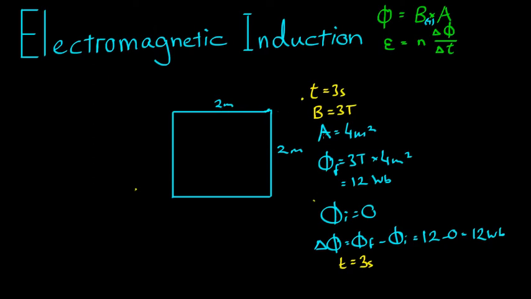And to calculate the voltage going around this loop, forget about the direction for now, the EMF is equal to N, there's only one here, times delta phi, which is 12 Webers, over delta t, which is 3. So we get 4 volts of EMF.